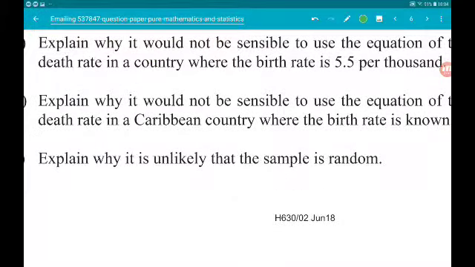Okay, then part E wants us to explain why it is unlikely that this sample is random. So there are obviously more continents in the world than Africa. All of these countries are in Africa, so it's incredibly unlikely that this is a random sample from all countries in the world, because these are all in Africa.